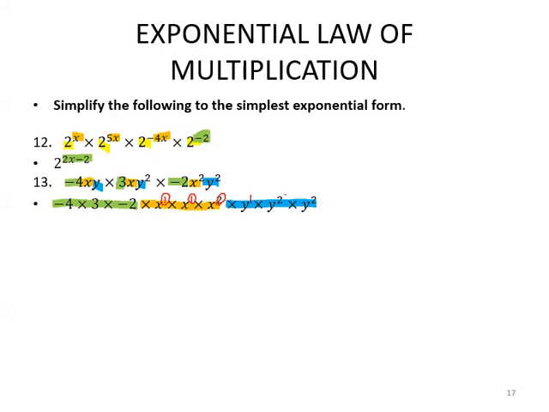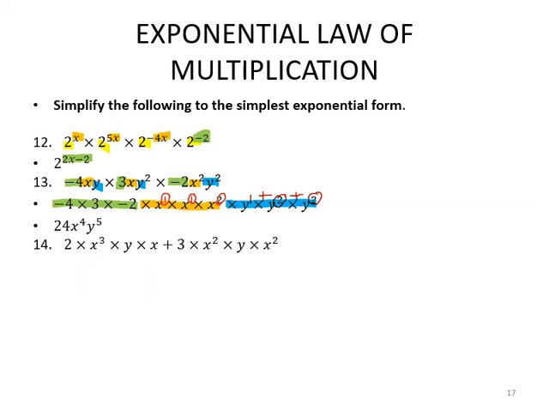And the second one has an exponent of 2. The third one has an exponent of 2. So we are going to add 1 plus 2 plus 2. 1 plus 2 gives you 3 plus 2, it gives you 5. You will end up having y to the exponent of 5, and that is your final answer. 24x to the exponent of 4, y to the exponent of 5.